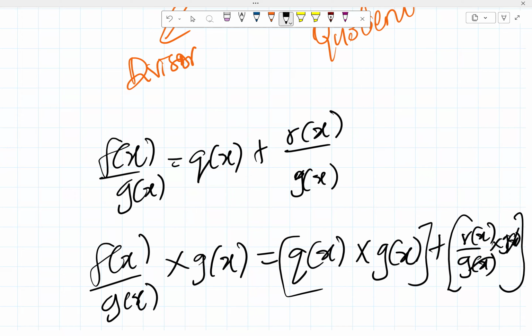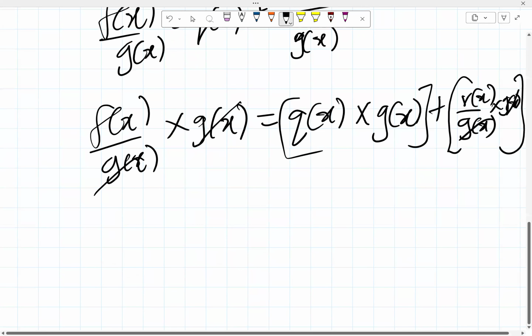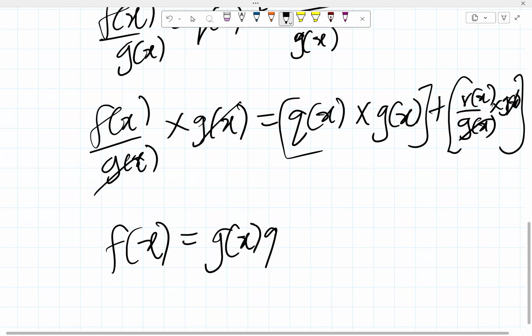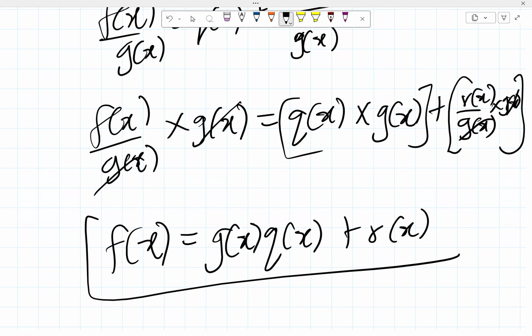We've done this several times. You see that this cancels out, so we now have f of x equals g of x multiplied by q of x plus r of x. So the dividend is equal to the divisor multiplied by the quotient, plus the remainder.